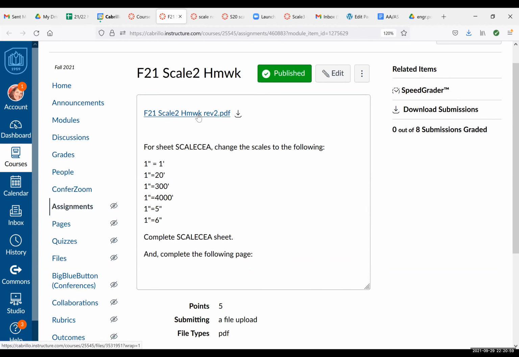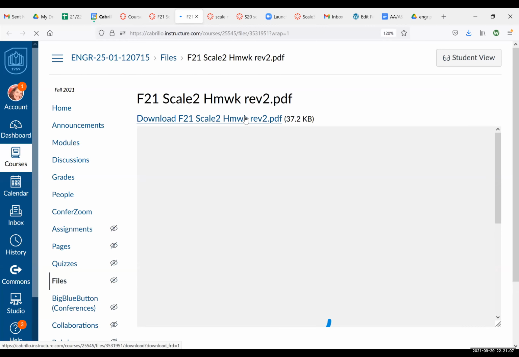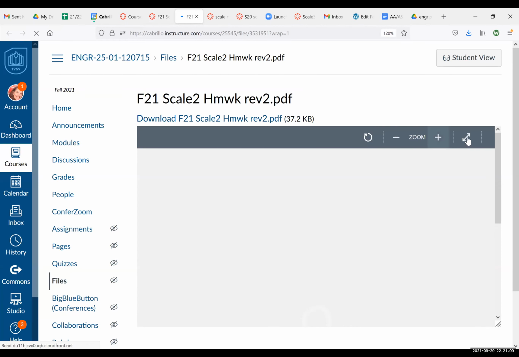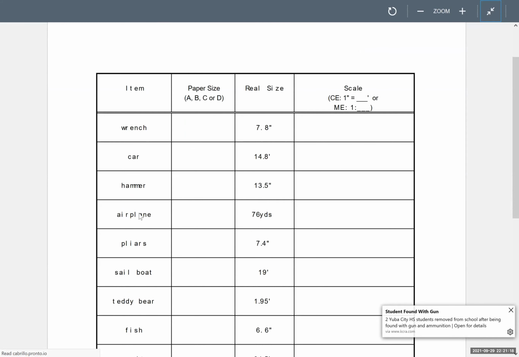And then what is this? Let's open this up. Oh, this is the table with the whale and the frog or whatever it was. So this is the table where we had the item on the left, and then we chose to use A size paper on all of it.